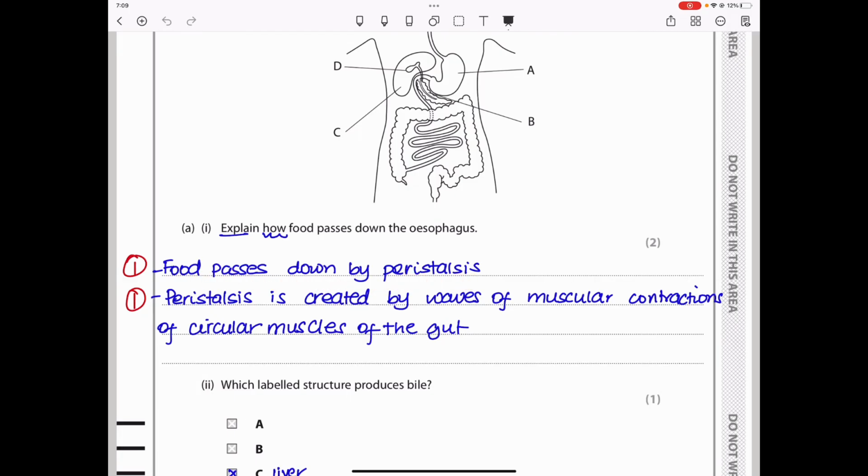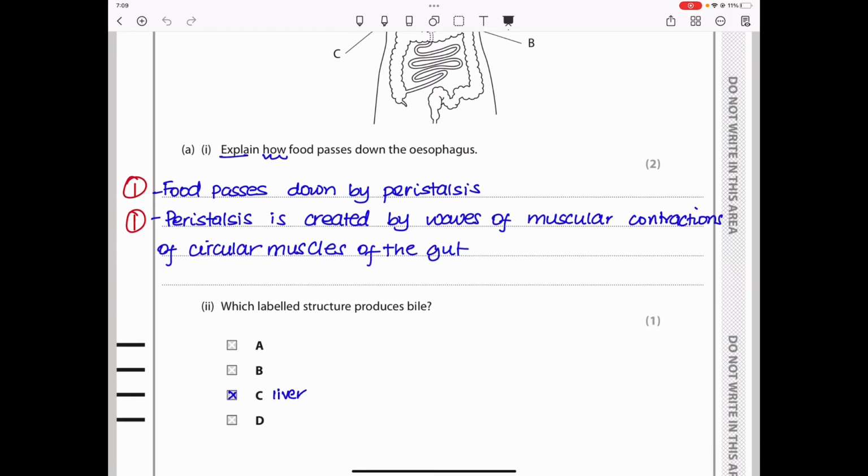Peristalsis is the rhythmic movement of food, created by the contraction of the muscles within the gut, which squeeze the food like toothpaste is squeezed out of its tube, in order for the food to move through the gut. So I said peristalsis is created by waves of muscle contractions of the circular muscles of the gut. So this causes the food to move through the esophagus.